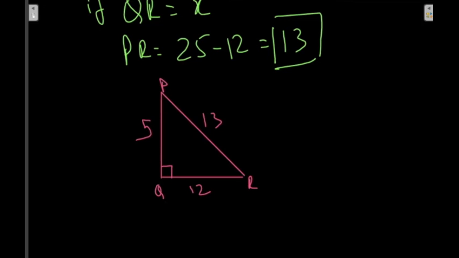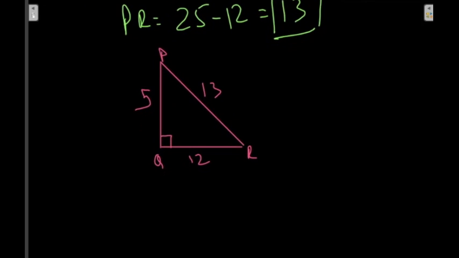What do we have to find? We have to find sine of P. Now what is sine of P? Perpendicular over hypotenuse. What is perpendicular?